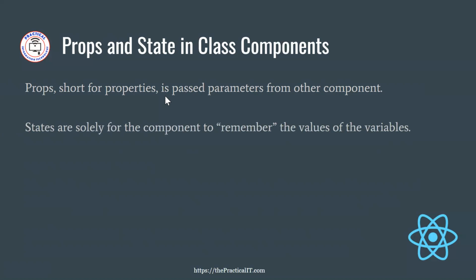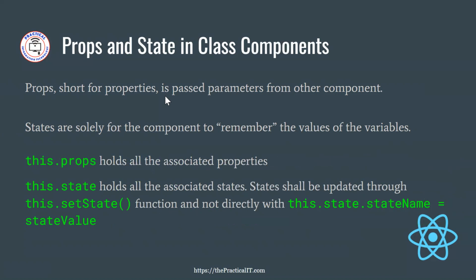A state might have any variables that are going to be used by the component only, and in that case, we're going to be using what we call the state. So props are something we pass around from another component to the current component, whereas states are maintained by the component itself only.